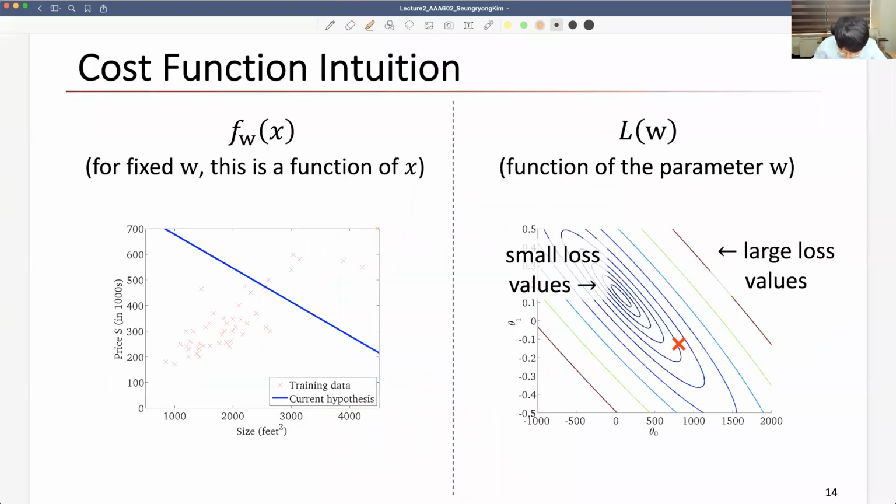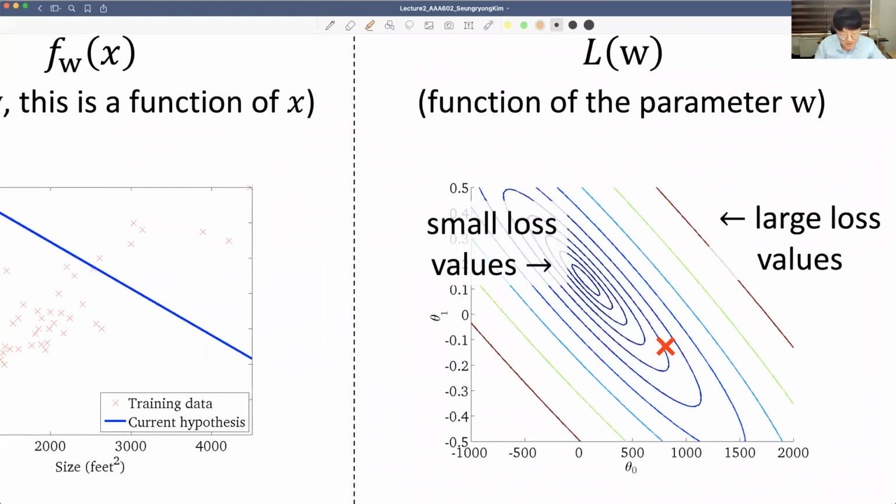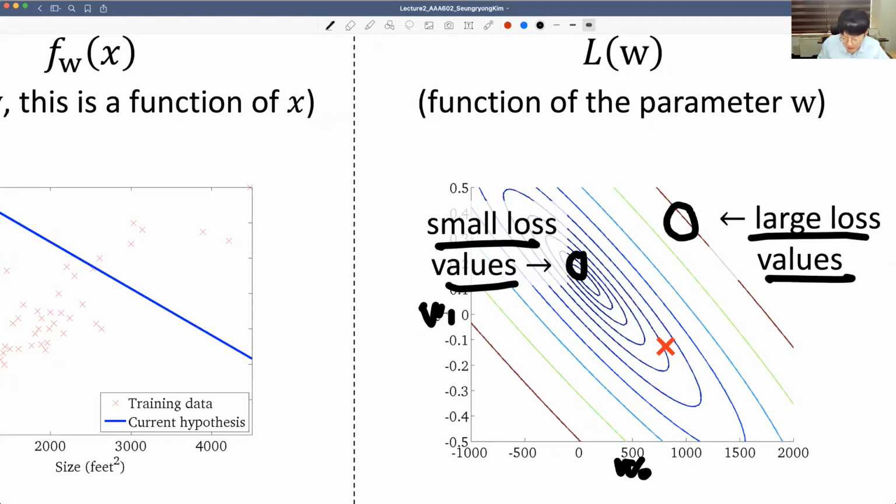It's going to look like this, right? It's just a projection to the 2D space. So in here, it's going to be w0 and w1. The red color represents the large loss values, and the blue color represents the small loss values.